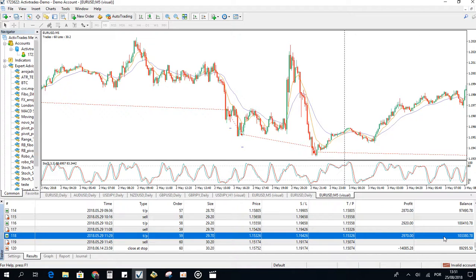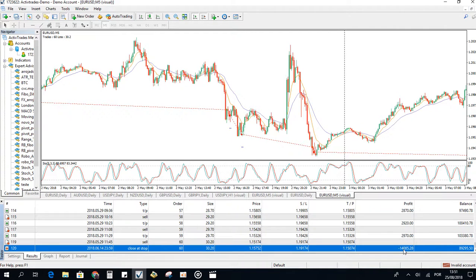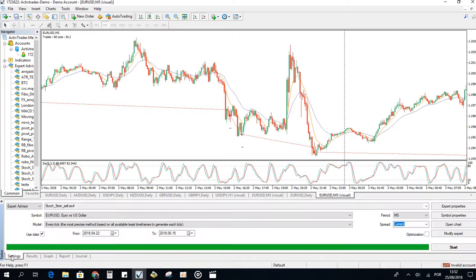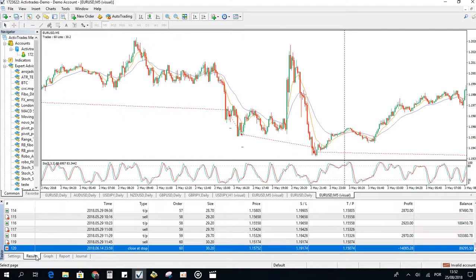$100,000. And why do I have this, the only loss that I had? This is a minus $14,850. Why did I have that? Because when I started my backtest, I asked it to stop on 15 June. So as the trade was in the middle, I had to wait until we finished.